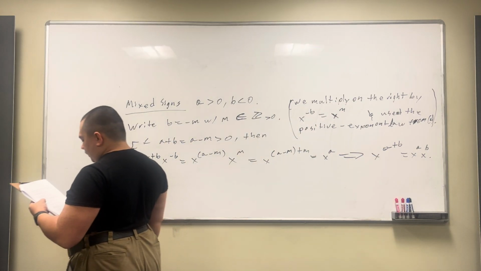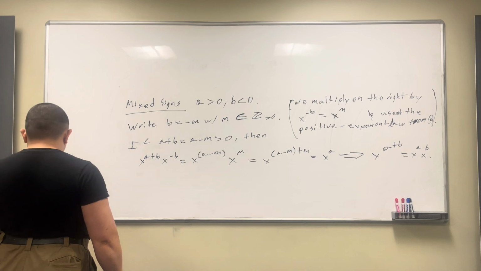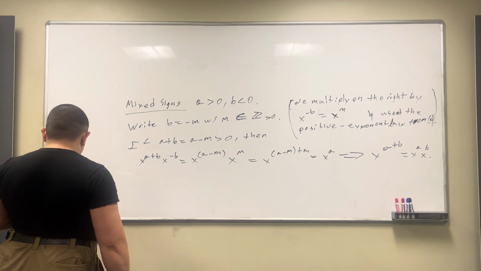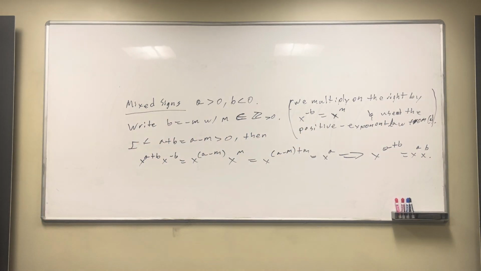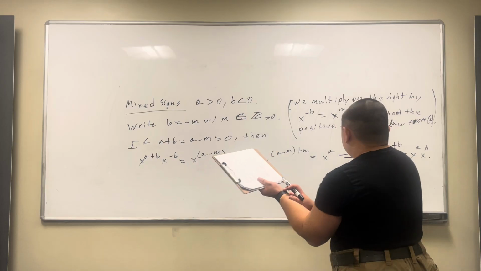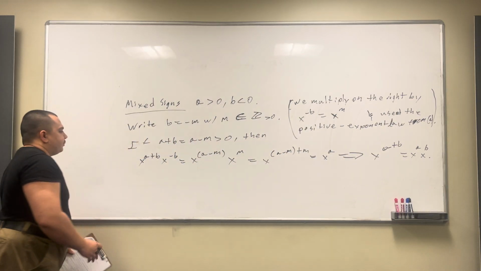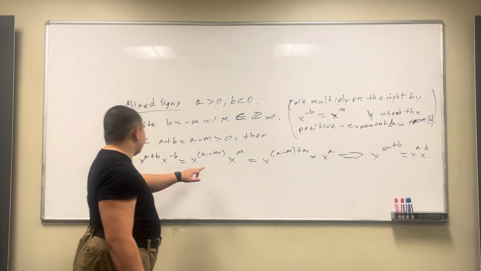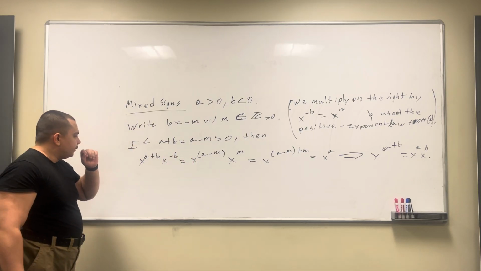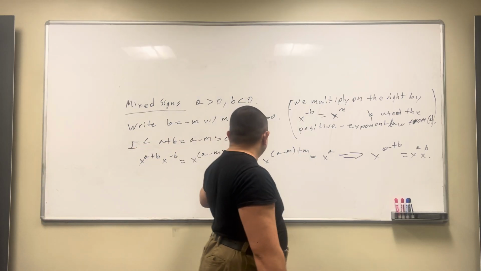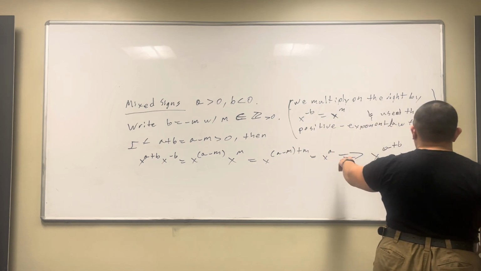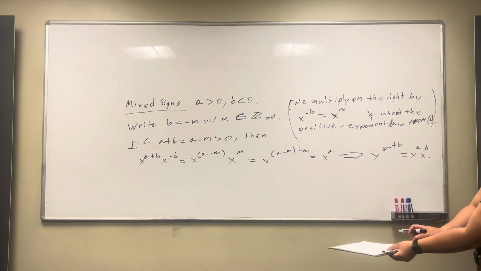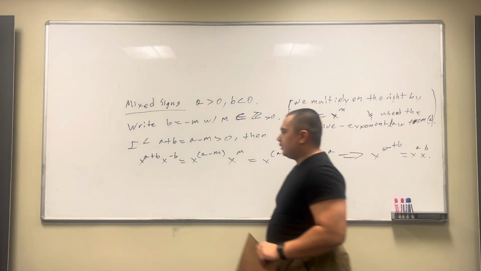So let me pause right here real quick. All right, so we go from x to the a plus b times x to the negative b, which is equal to x to the a minus m times x to the m, which is equal to x to the (a minus m) plus m, which is equal to x to the a, which implies x to the a plus b is equal to x to the a times x to the b.